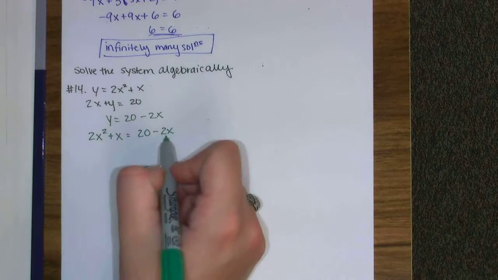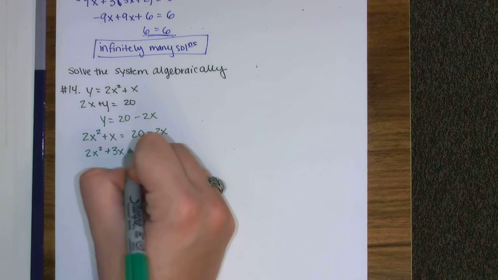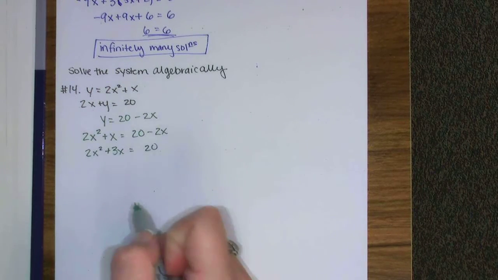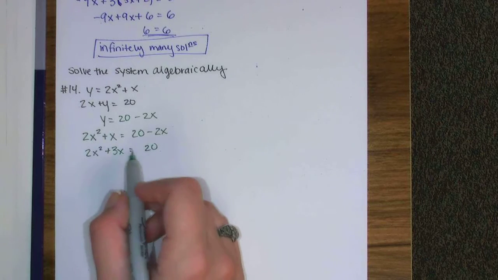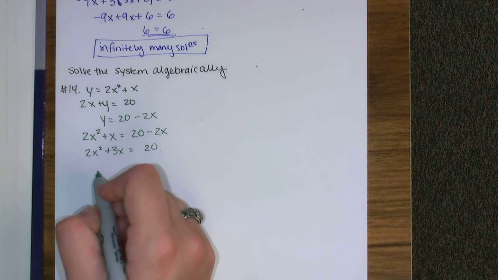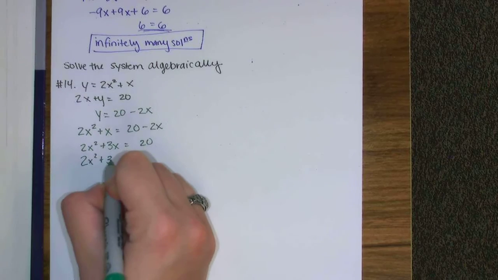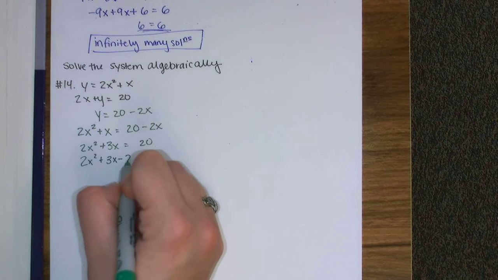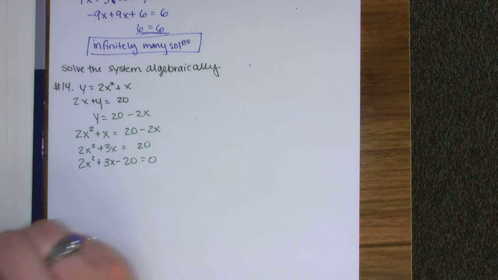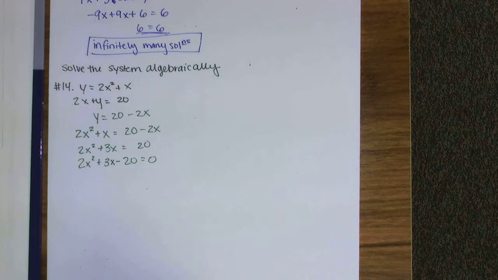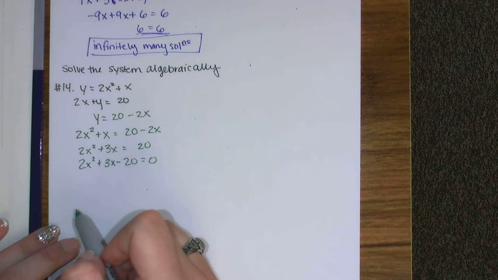So if I add this 2x over, I get 2x squared plus 3x is equal to 20. And at this point, I probably should move this over to make a quadratic equation, I should say. So 2x squared plus 3x minus 20 is equal to 0. And then now I can go through and I can try to factor this.